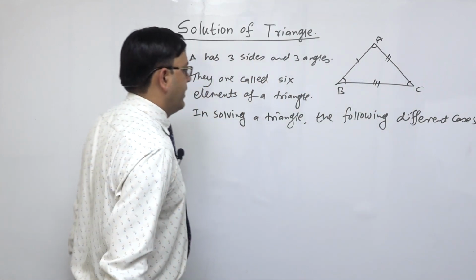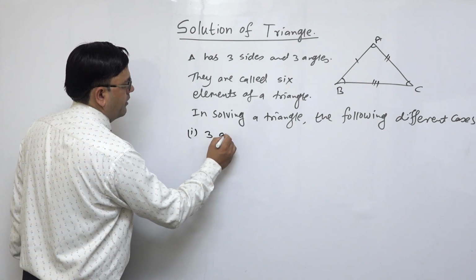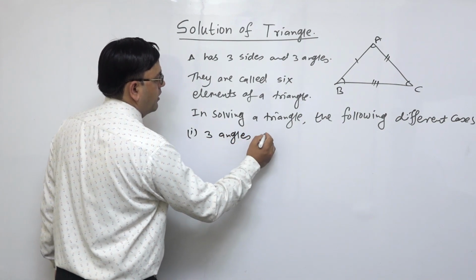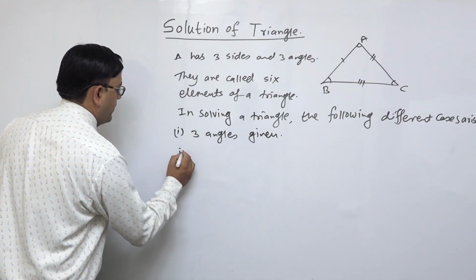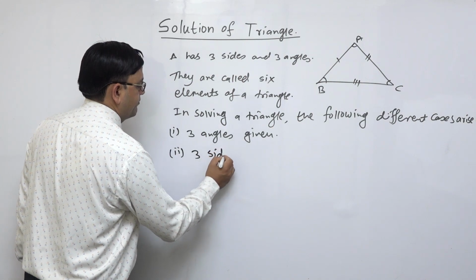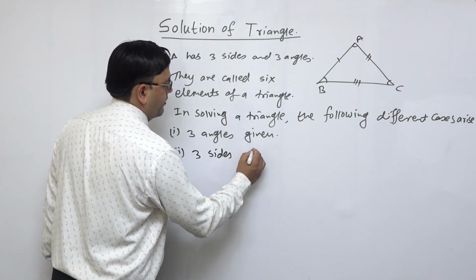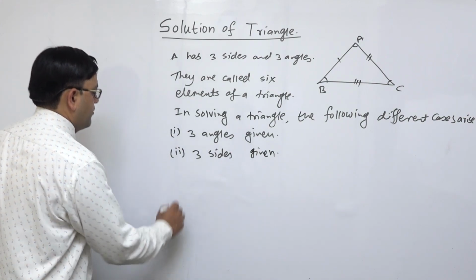So the first one is we have 3 angles given, and the second one is we have 3 sides given, and the third one is 2 angles and 1 side given.